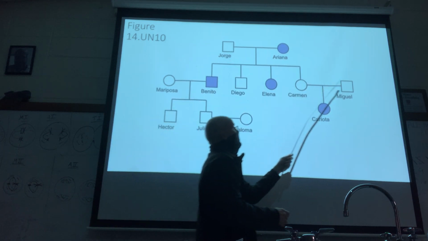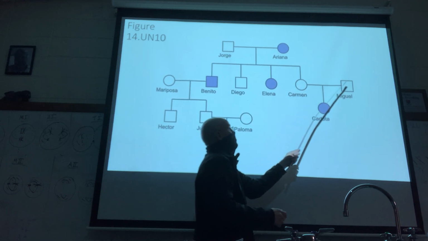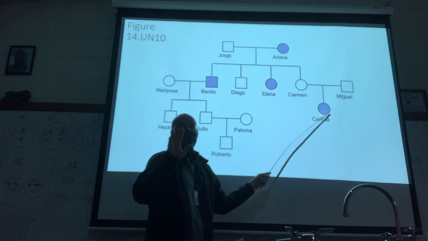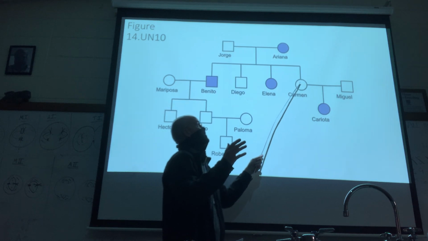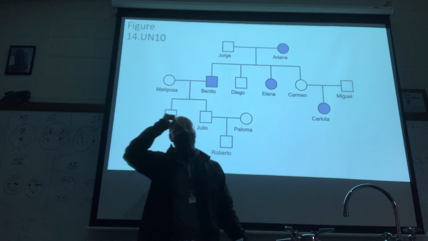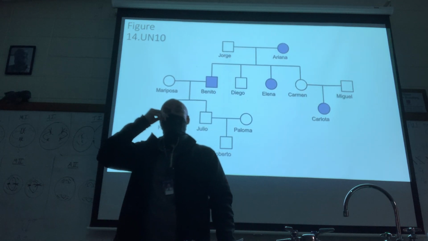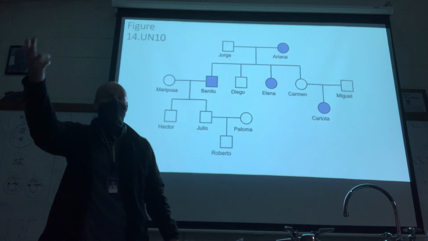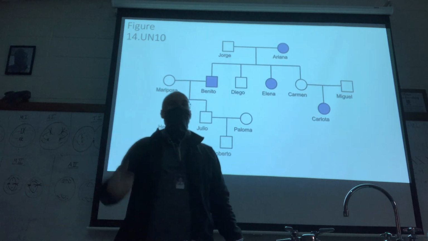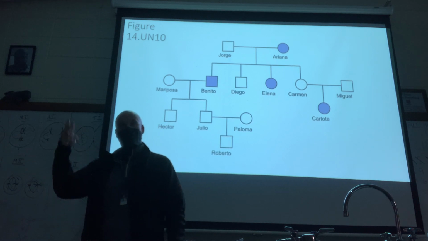But once you have this, you know that what this child is carrying genetically is hiding, and the only kind of allele that can hide is the recessive allele. So that's how you want to think about this.